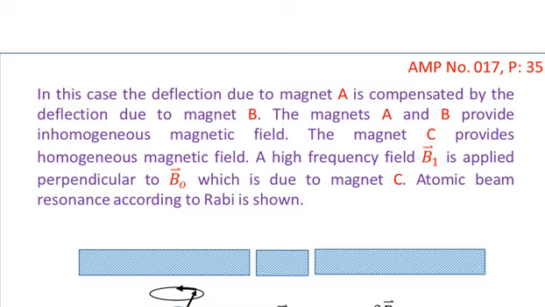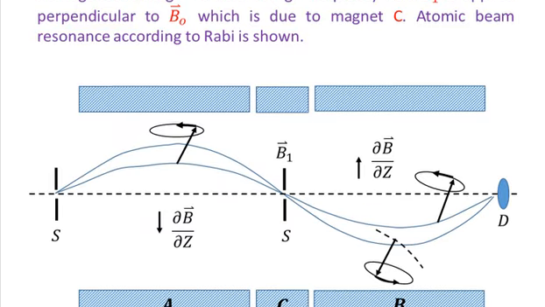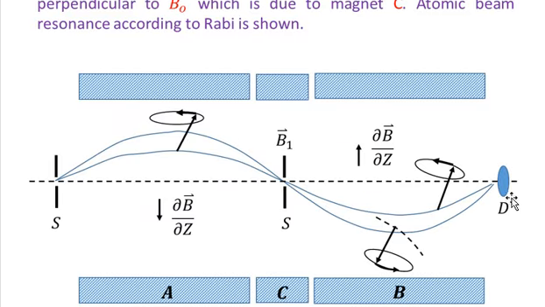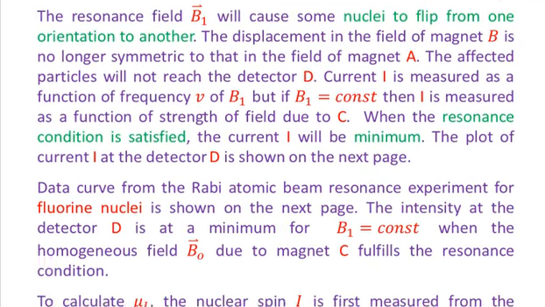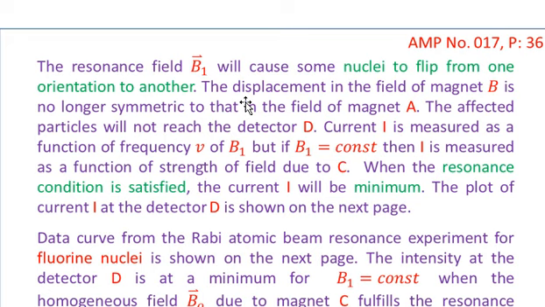Due to resonance there would be a fall in the detector current, and a dip in current is recorded when the resonance condition is met. The resonance field B1 will cause some nuclei to flip from one orientation to another.